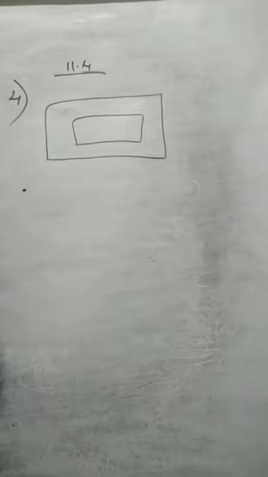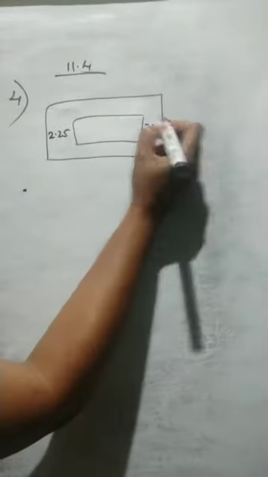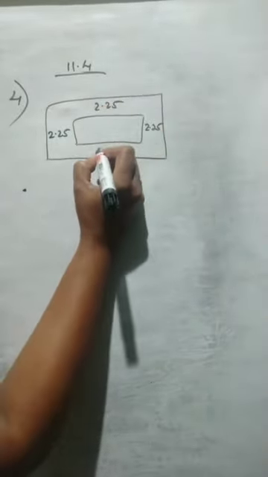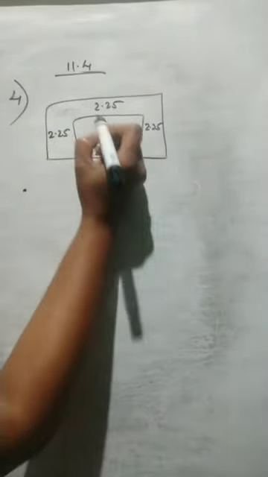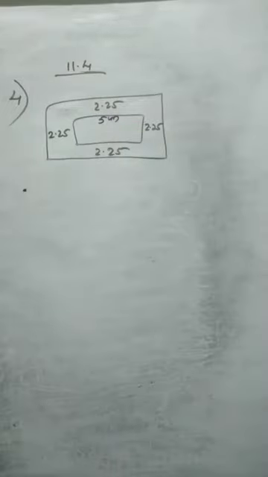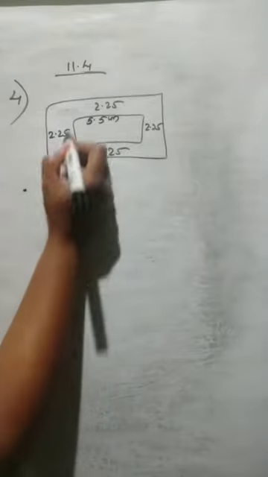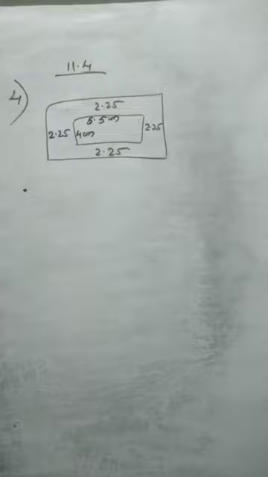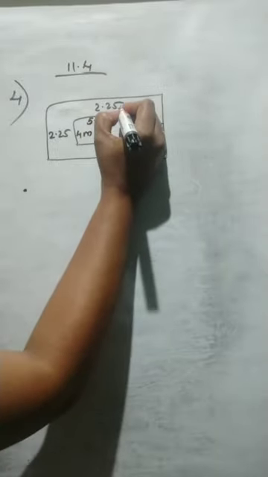Then in the case of the fourth question, a veranda of width 2.25 meter. So here 2.25, here also 2.25, here also 2.25 and here also 2.25. The first length was 5.5 and the breadth was 4, not centimeter, that is meter.